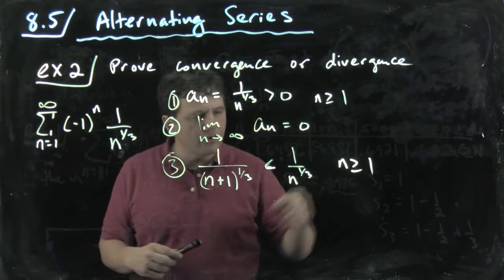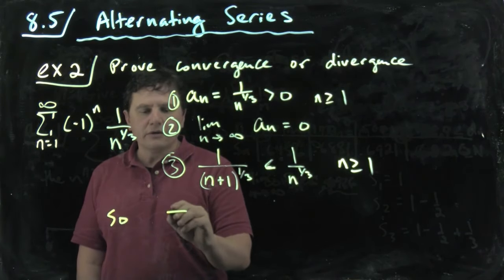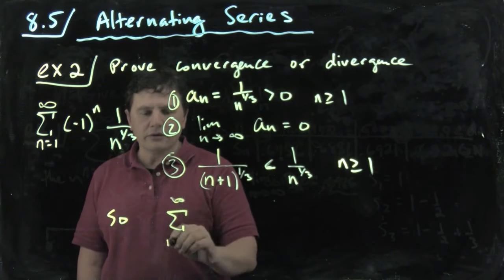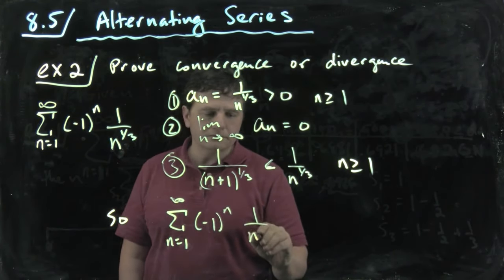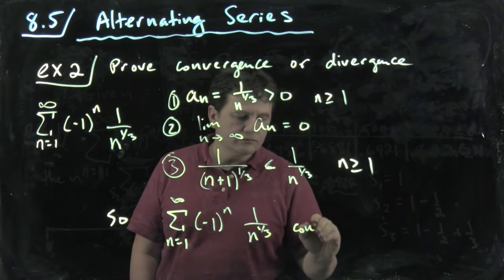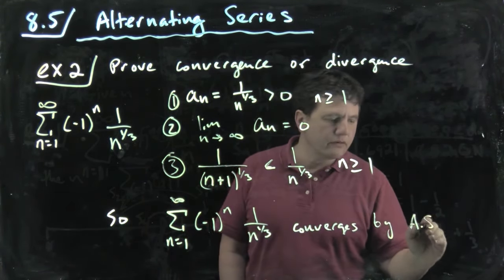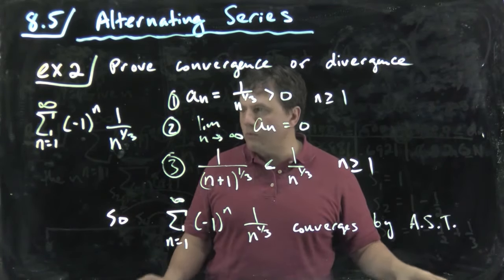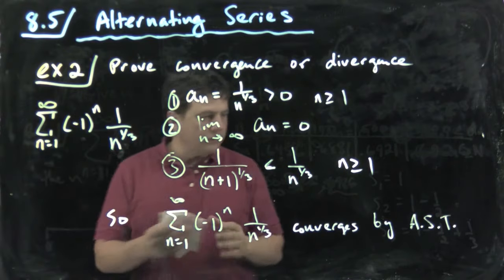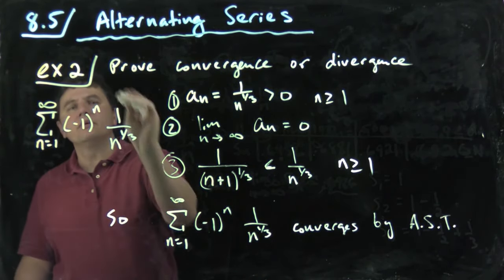So n is greater than or equal to 1, so our series converges by the alternating series test. Okay, and that's it. Let's do one more example, and then we'll go on to absolute versus conditional convergence.